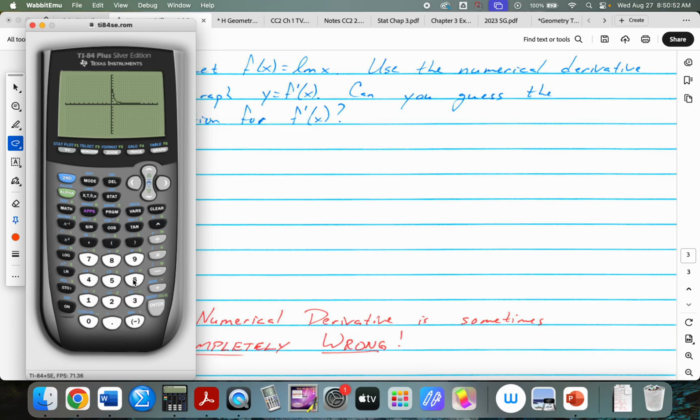Now, first things first, you notice that there is no graph to the left of the y-axis. Why is that? Think about the original function, f of x.